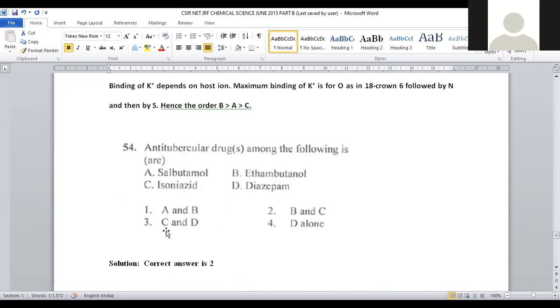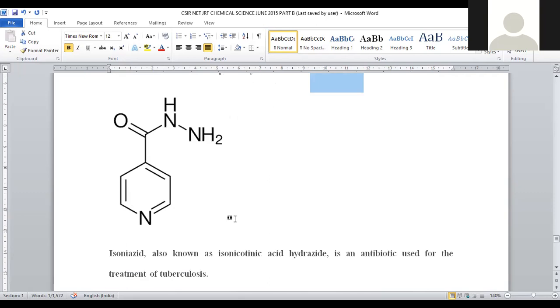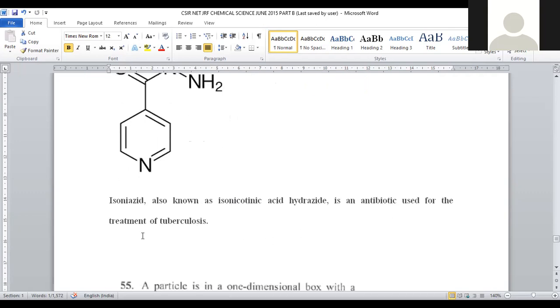And one more reagent is given in option number C, isoniazid. Isoniazid is a pyridine ring with a fourth position substitution of alpha ketohydrazine. This is the kind of reagent used for tuberculosis treatment, being an antibiotic.